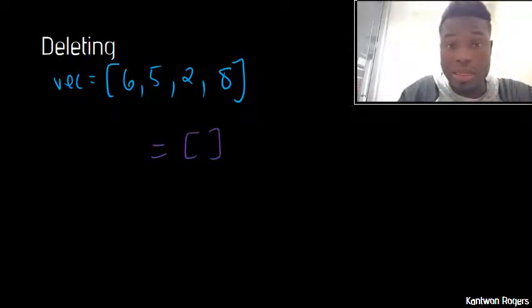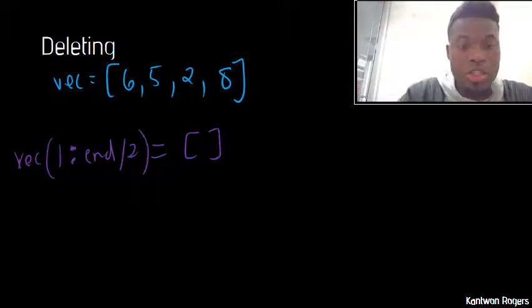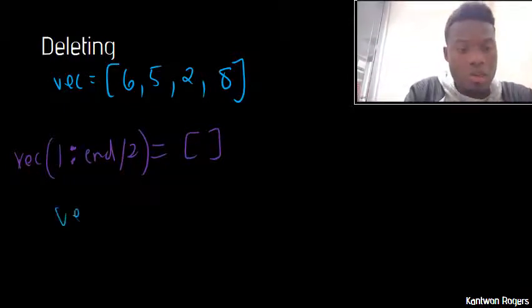So we talked about indexing the first half, right? So we have our vector, and the first half, I start at 1, go in steps of positive 1 to my end divided by 2. And so this works once again because I have an even number of values. And so after this line of code is run, my vector is no longer 6, 5, 2, 8. My vector is just 2 and 8.